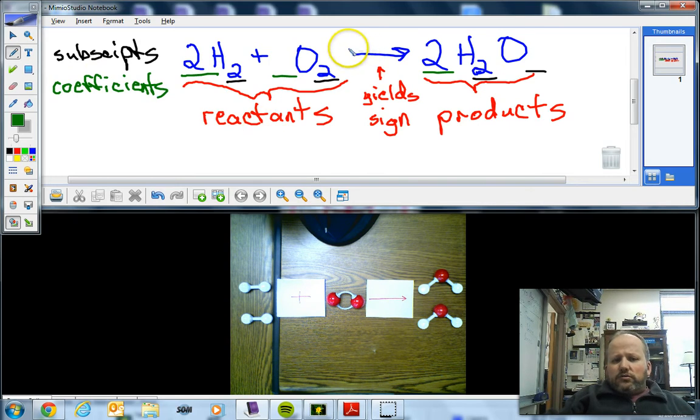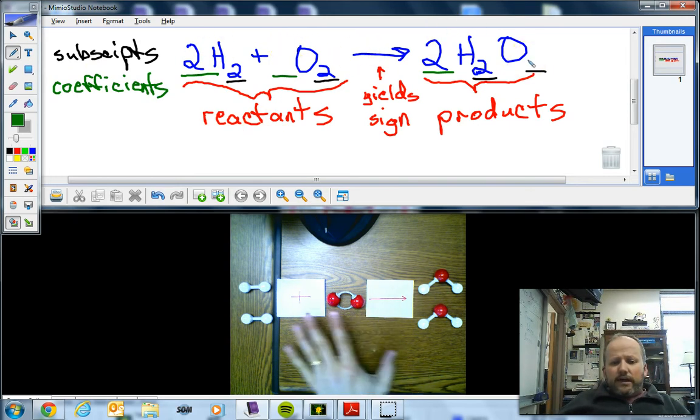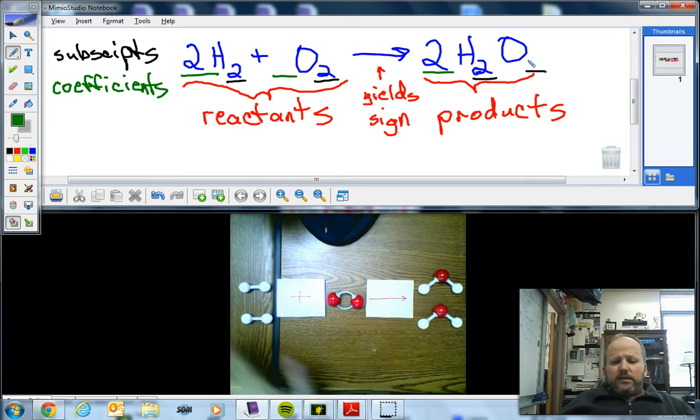So, as you look at this equation at the top, look at the model set I have set up on the bottom. What this is saying is hydrogen, which is H2, and oxygen, O2, make water. But we have to balance this equation.